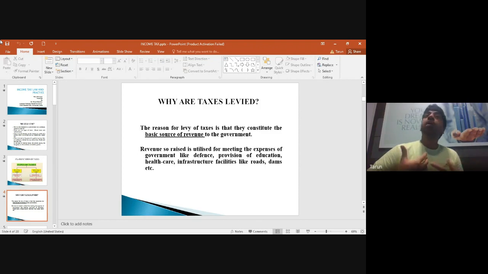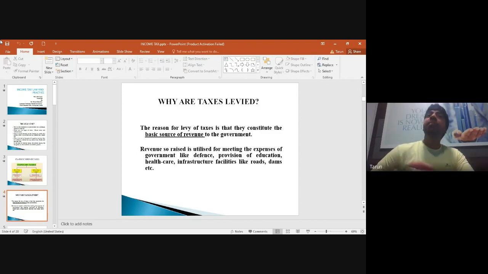It also includes provisions for healthcare centers or hospitals, opening new hospitals. We also develop infrastructure facilities like roads and dams, or any other infrastructure for the welfare of the people, like constructing societies so that the people who don't have any home or land could live there.